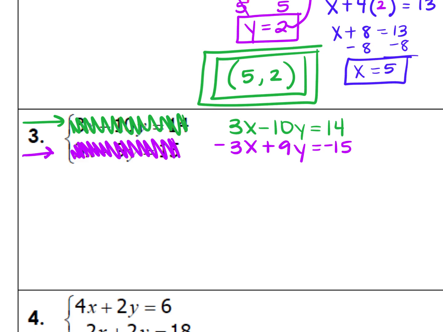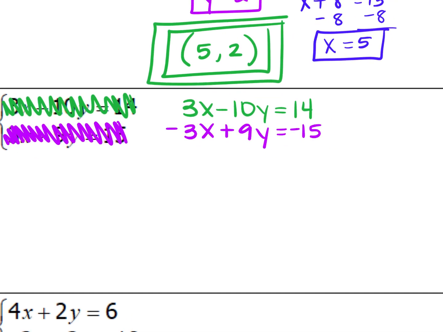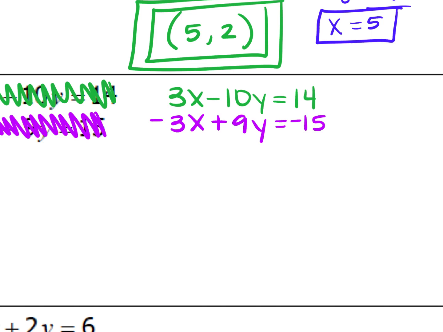And here's what we're going to do. Okay, in order to eliminate, we said we want our coefficients to be opposites of each other. So look here, you have a positive 3x and you have a negative 3x. Those are opposites.